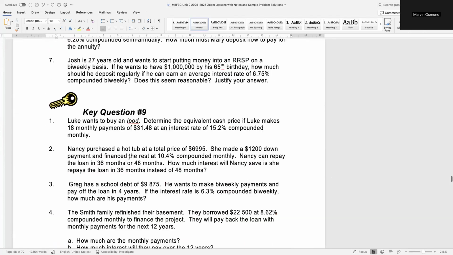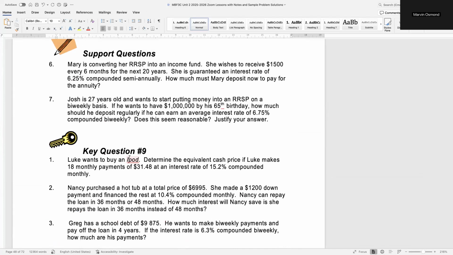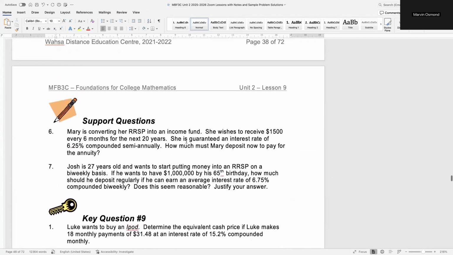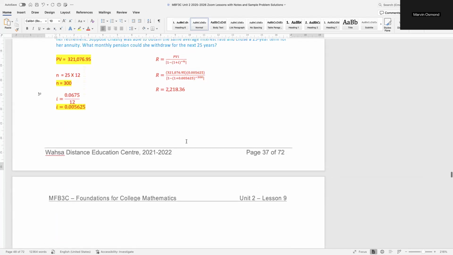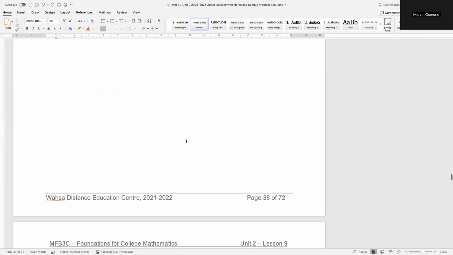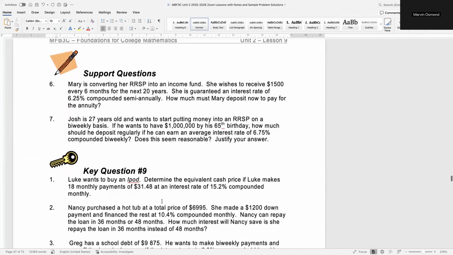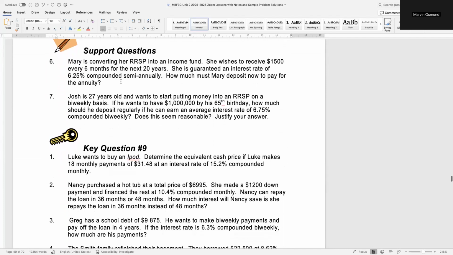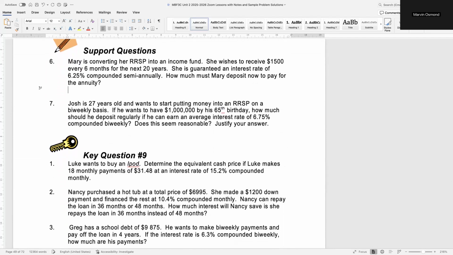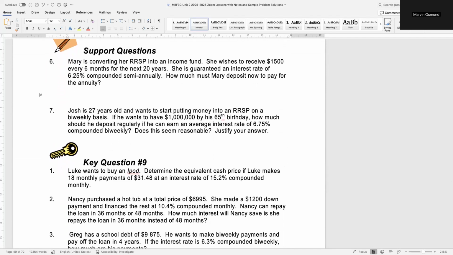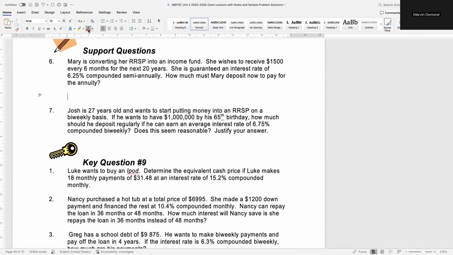So now you have enough, I think, to help you complete the rest of the support questions. If you do the support questions, you should have no issue with the key questions. So I'm going to get you started on a couple of the support questions. And again, the first thing you need to do is, what are you given? Start there.